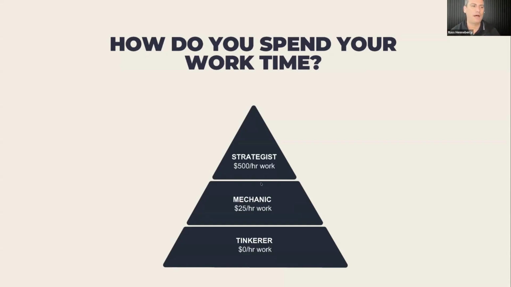We want to spend more time up at the top of this pyramid because, again, more and more of this middle layer is being eaten up by the AI. It can do it for you, it can do it with you, it can augment and help you through that mechanic work. So kick up the ladder into what should we do? Not how is it going to get done, but what should we do with the business?